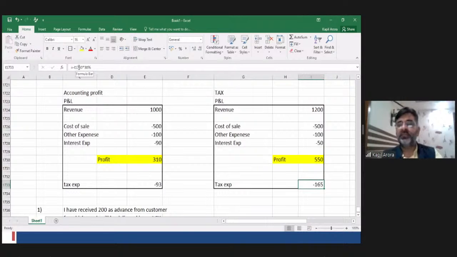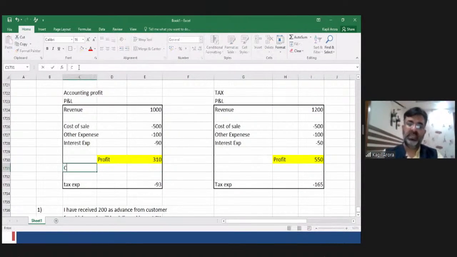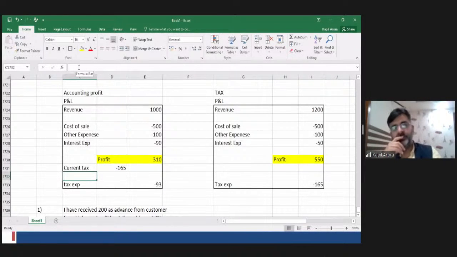The government will ask me to pay 165, not 95, not 93. That tax is known as current tax in the books.